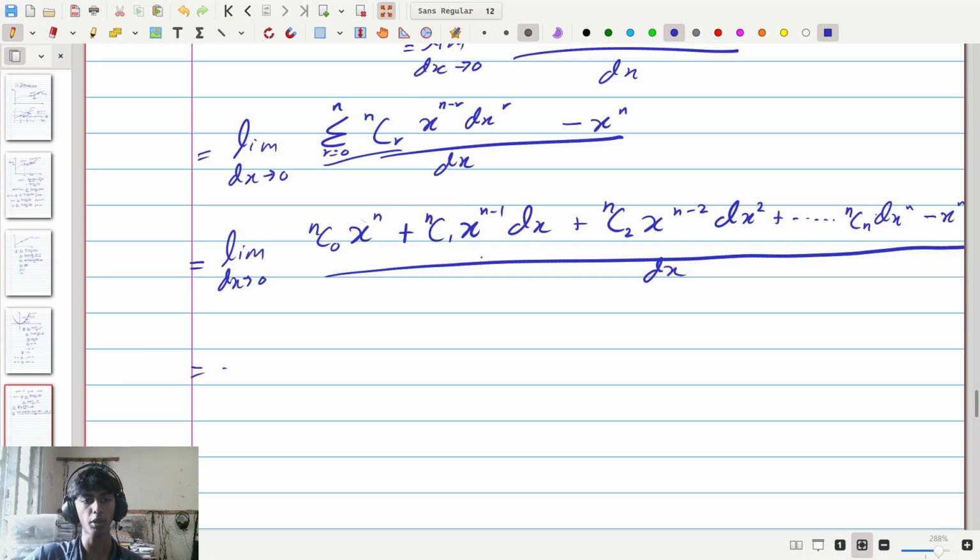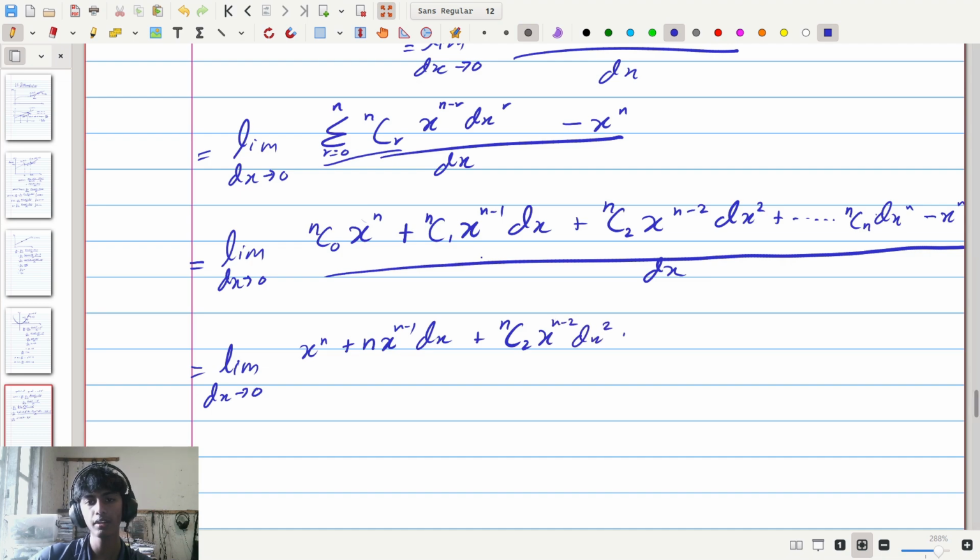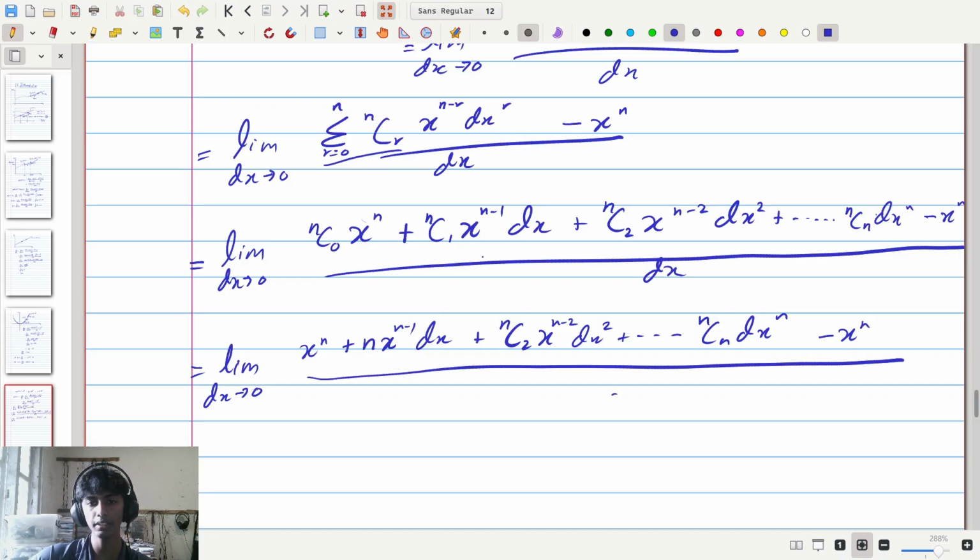So substituting those two, this is equal to the limit as dx approaches 0 of 1 times x to the n, which is just x to the n, plus, the next term n choose 1 is going to be n, so we have n x to the n minus 1 times dx, and then plus, I'm going to leave the rest of them as is, n choose 2 x to the n minus 2 dx squared plus dot dot dot all the way down to n choose n dx to the power of n, and then minus x to the power of n, all divided by dx.